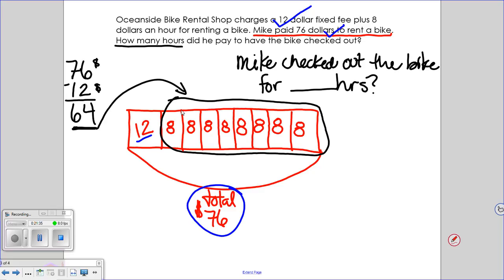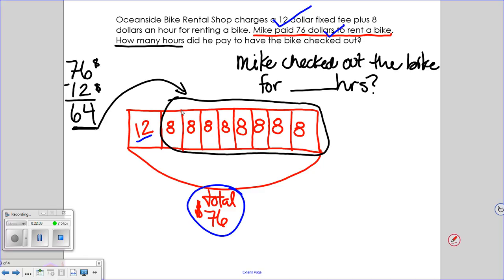But 8 groups of 8 gave us 64. We just solved that. So I'm going to do 8 groups or sections of 8.